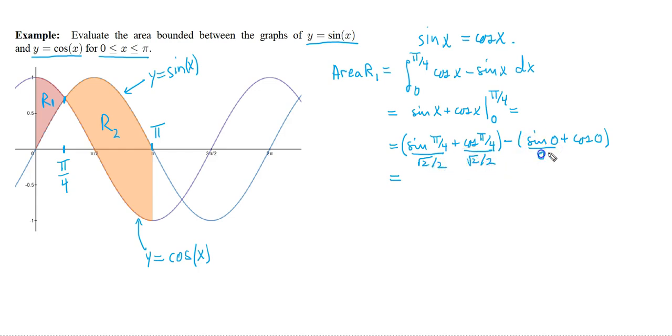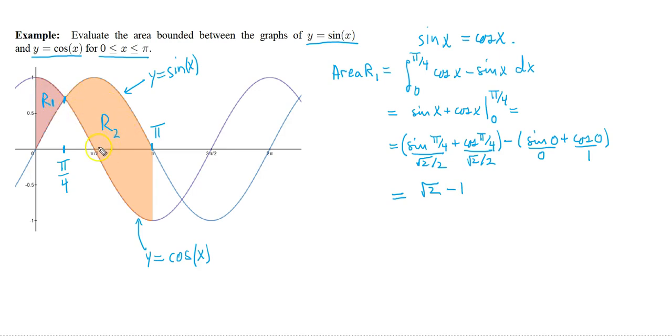This term is 0, and this term is 1. And so what we're getting here is root 2 over 2 plus root 2 over 2, that's root 2, minus 1. And so there you go, that's the area of region 1.